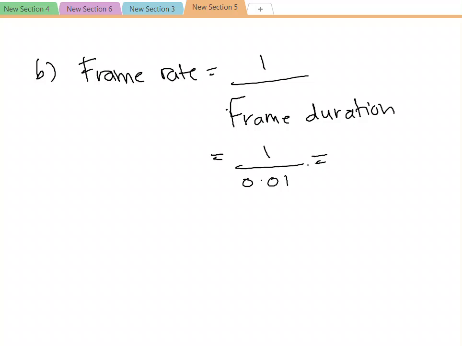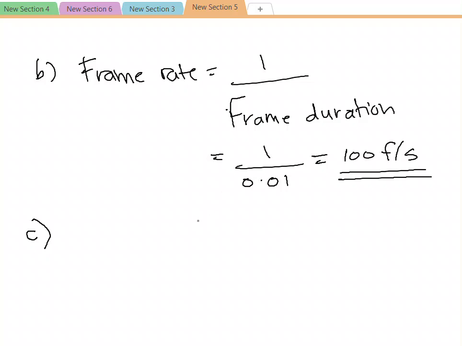You akan dapat 100 frame per second. Dapat balik 100 frame per second. Dan kita boleh nampak frame rate ni akan sama dengan input rate tadi, dengan syarat sama-sama unit byte.